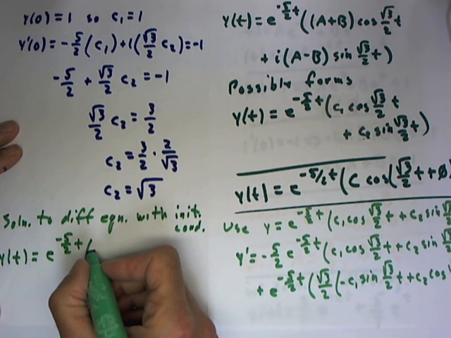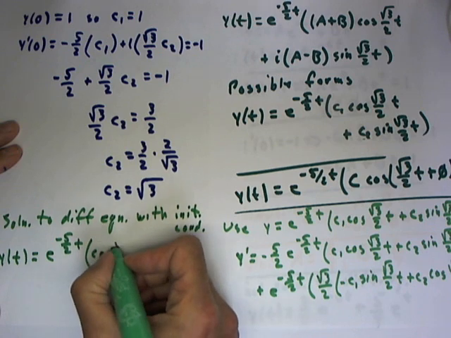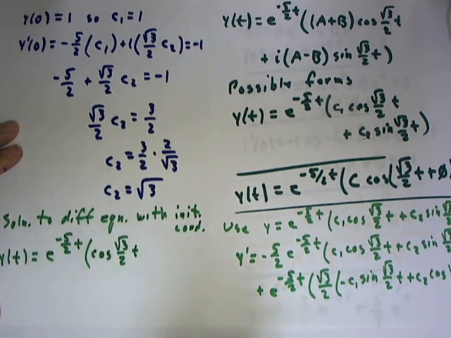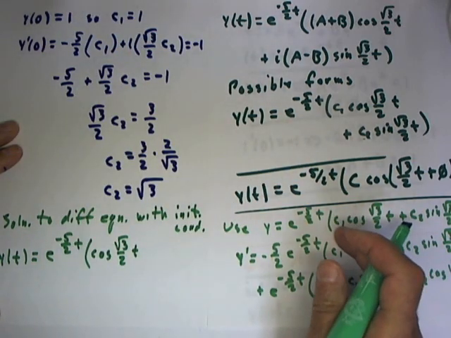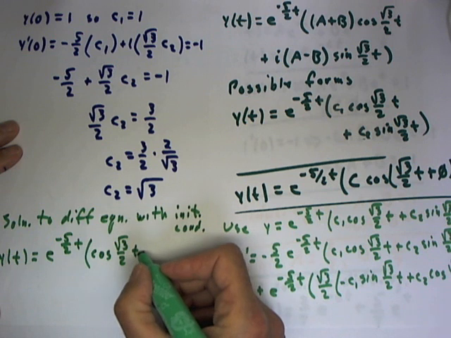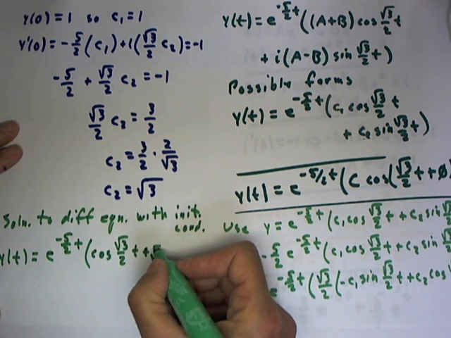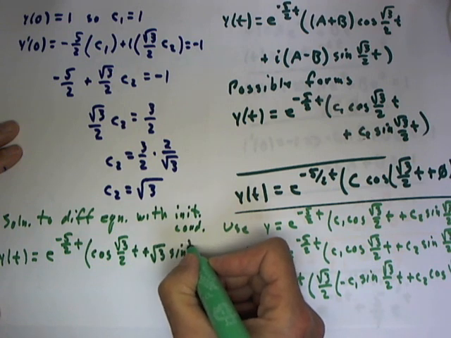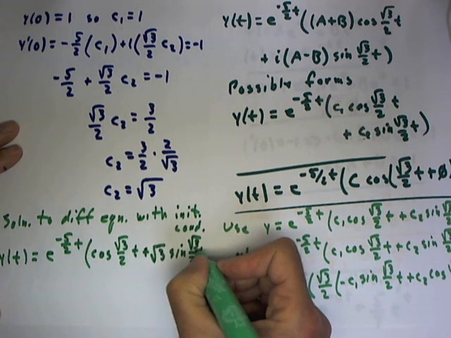Well, that's going to just be cosine of the square root of 3 over 2 t, C1 being equal to 1 and C2 being equal to square root of 3. Then we have square root of 3 times the sine of the square root of 3 over 2 t.